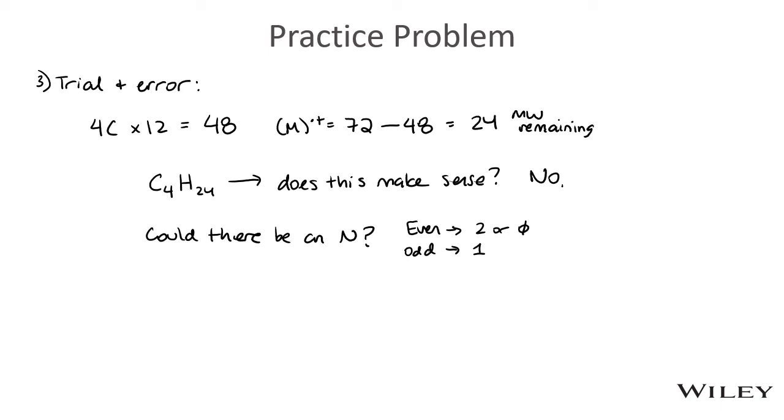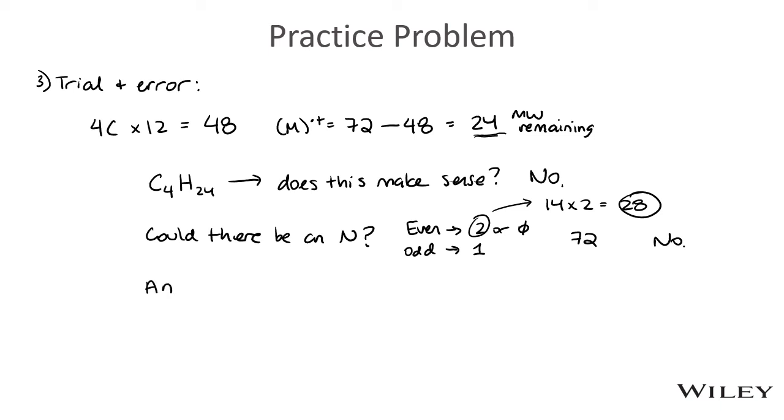So since our molecular ion mass is 72, it means that we can either have 0 or 2 nitrogens. Now, if it were 2 nitrogens, each nitrogen is worth 14, so those put together would have a mass of 28. Now we only have 24 remaining, so that means we cannot have any nitrogens in the molecule. So our answer to this question is no.